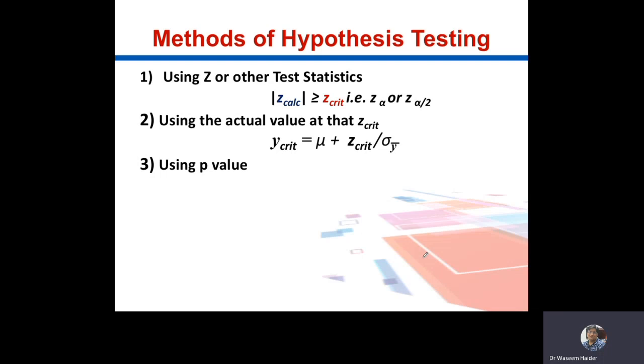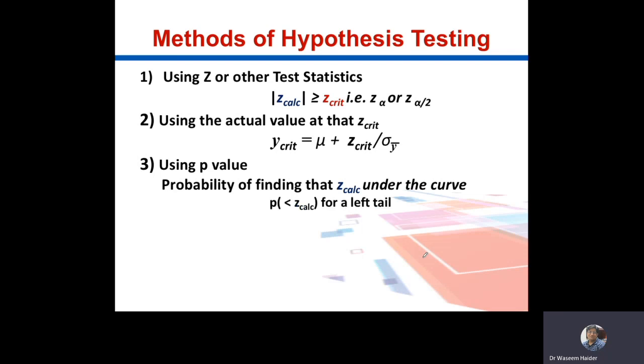We can get it with Excel functions as well. We can go with the p-values. P is the probability of finding that Z calculated under the curve. For left tail test, we will go for the value less than this Z calculated, and it should be then compared with alpha. It should be smaller than alpha in any case. For a right tail test, probability of seeing a value greater than Z calculated.